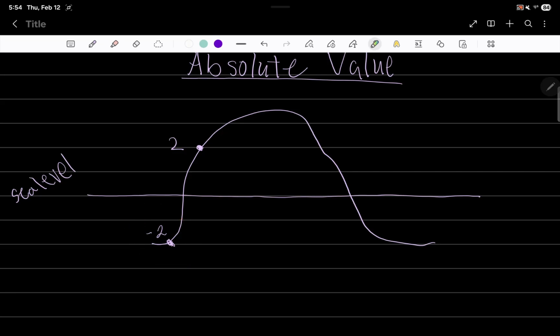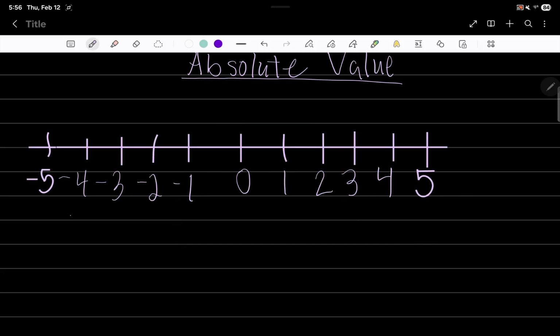Now with this, it doesn't matter if it's above or below, but how far it is from sea level. And right now, with this example, we're both 2 away from sea level.